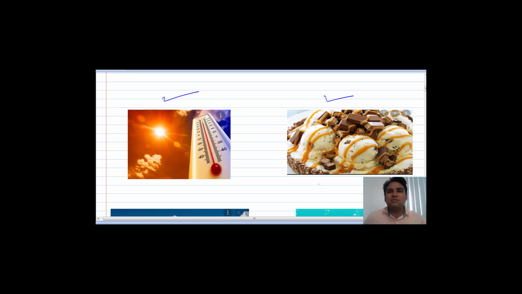So when there is a monsoon, that means when temperature is down, consumption of ice cream is also down. So in the monsoon, in the winter, we do not prefer to consume ice cream. So you can see this temperature is the cause and the consumption of ice cream is effect.